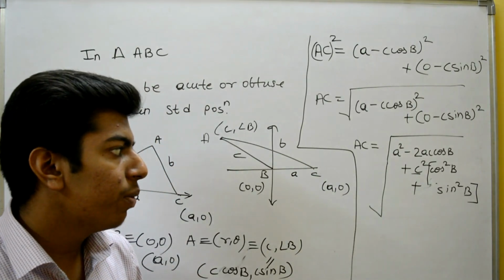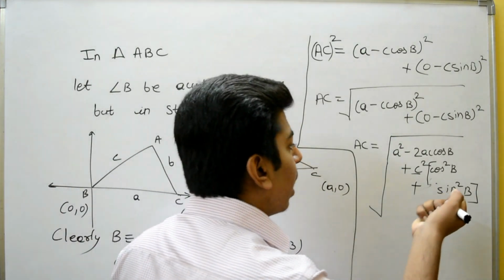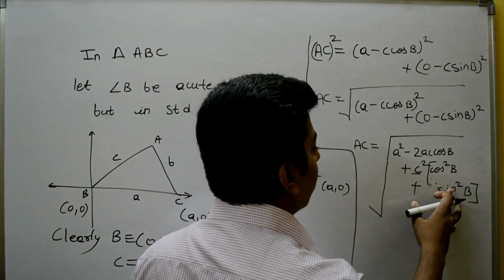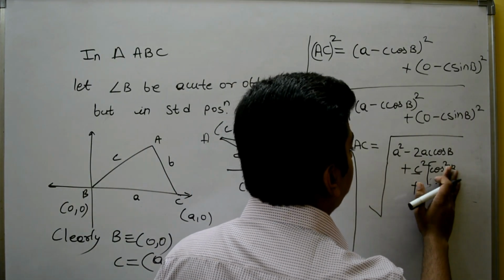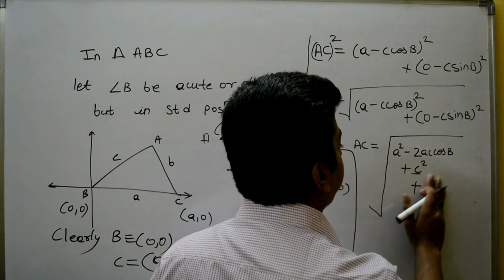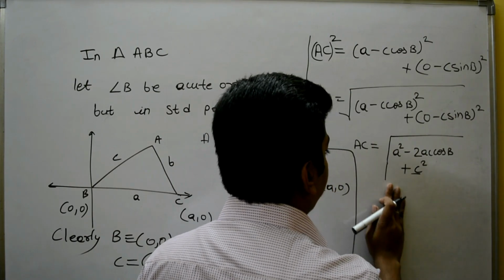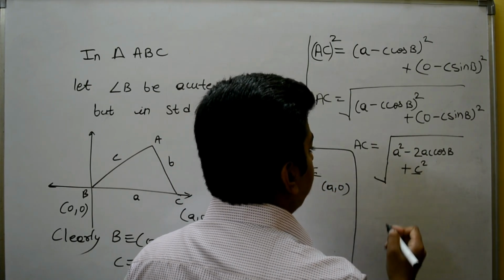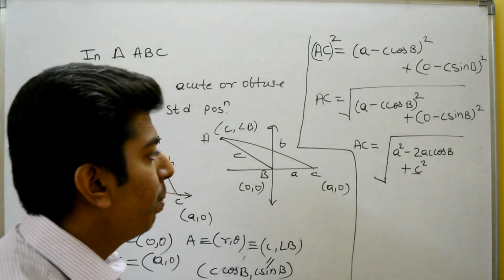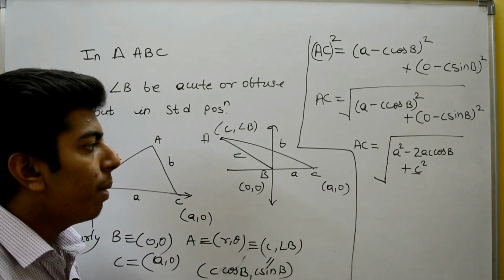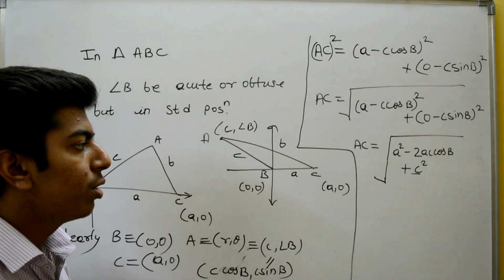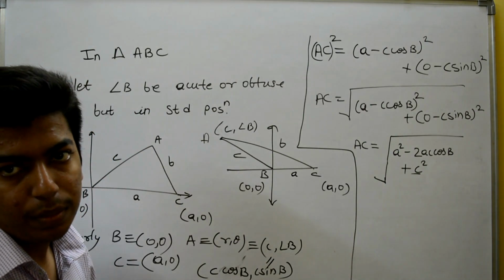It is actually 1. Replacing it by 1, the distance AC becomes a square minus 2ac cos B plus c square.